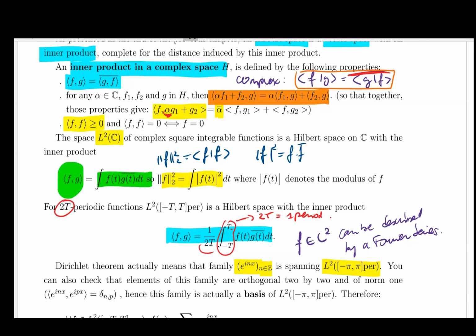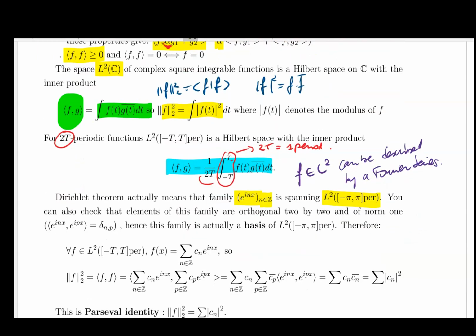So that's why the dimension of those spaces is called infinite, because we need an infinite number of basis elements to describe them. I'm talking about bases because we're going to see they are also linearly independent, and more than that, we have an orthogonal family. That is something very interesting.